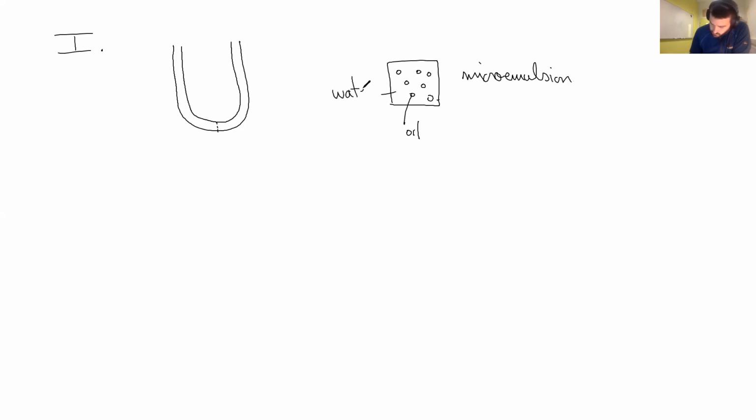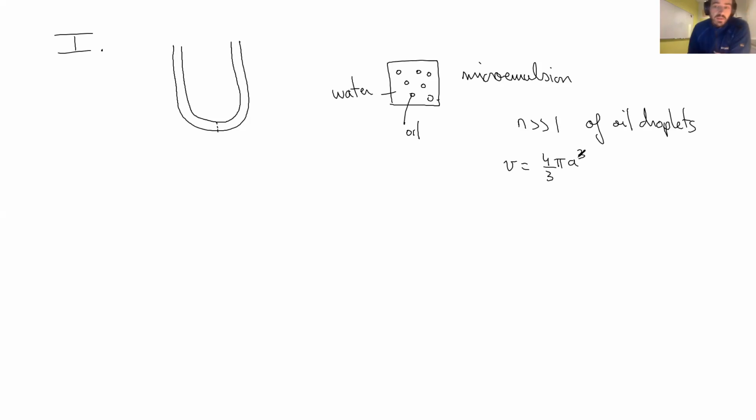And you will have a certain number, which is very large, of oil droplets. We assume that they are all identical droplets. Of course, there is a polydispersity in reality. So we assume that they each have a volume which is the one of a sphere with radius A. So they all have the same radius.